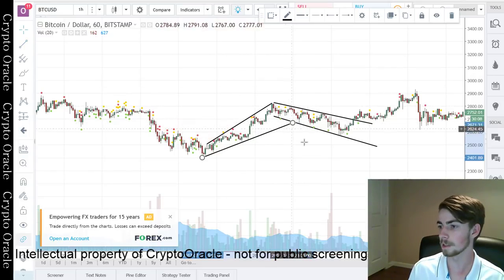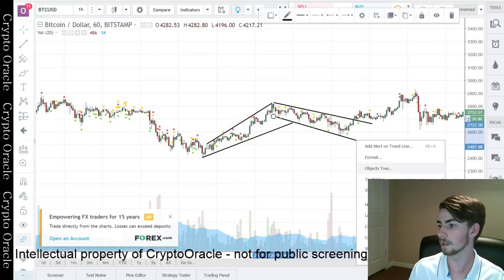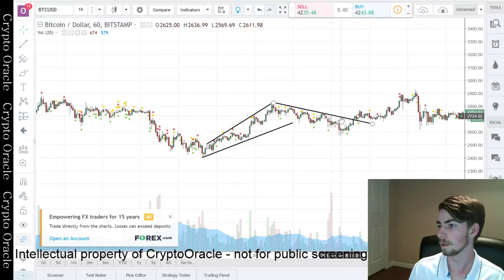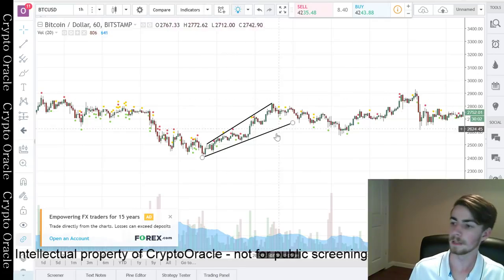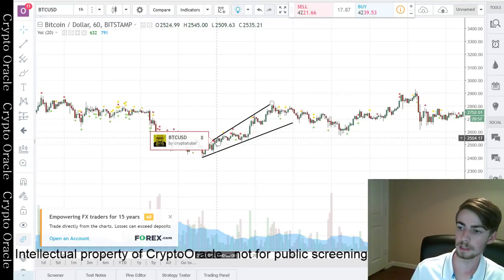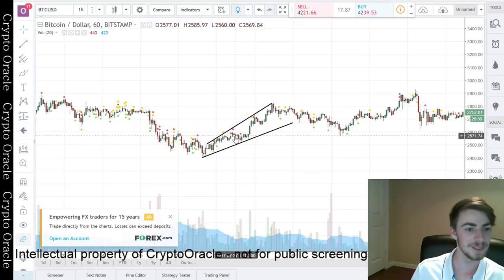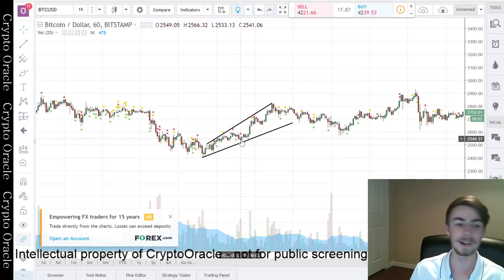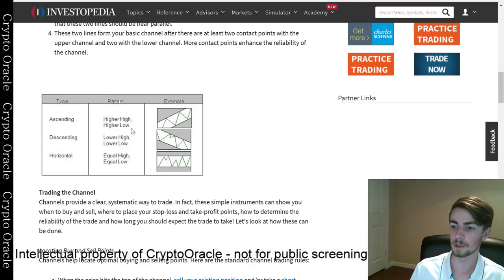We can get rid of these lines, and you saw the channel right here. We saw the highs becoming higher and the lows becoming higher as well. The higher highs, the higher lows, just as what you saw here in the ascending little infographic, where the pattern includes higher highs and higher lows.